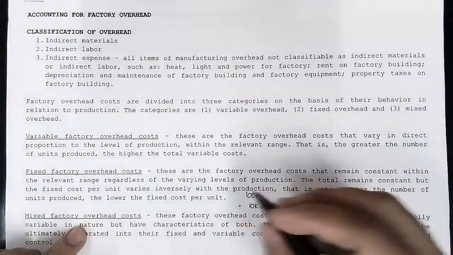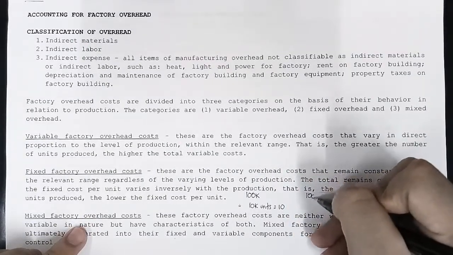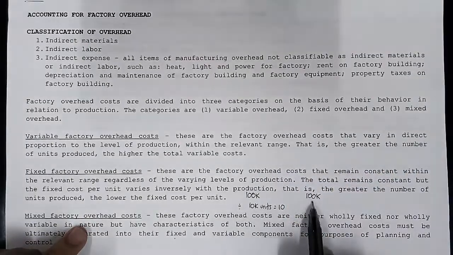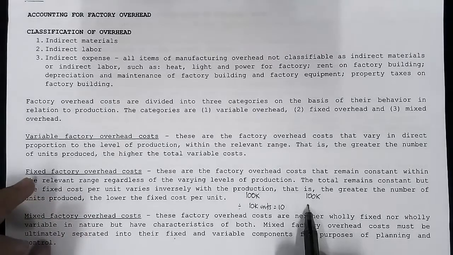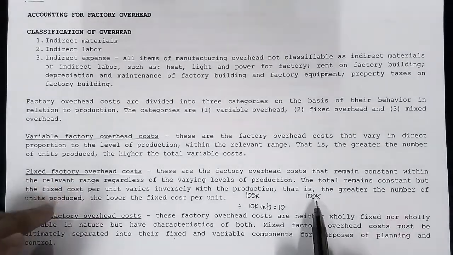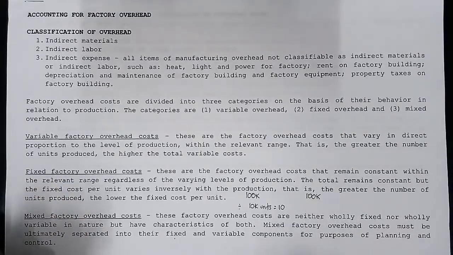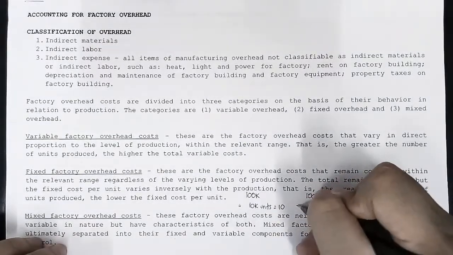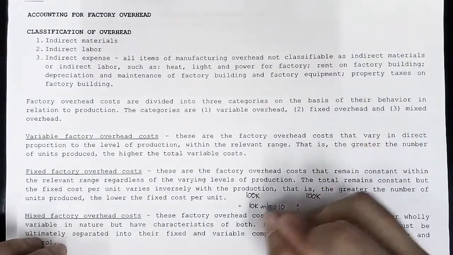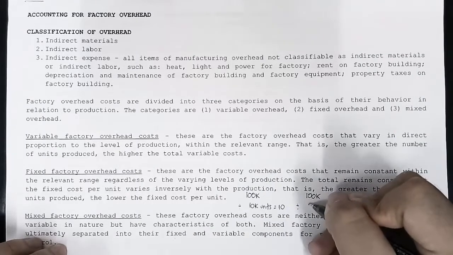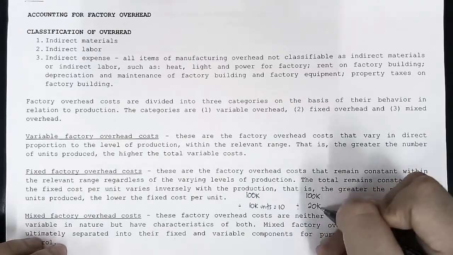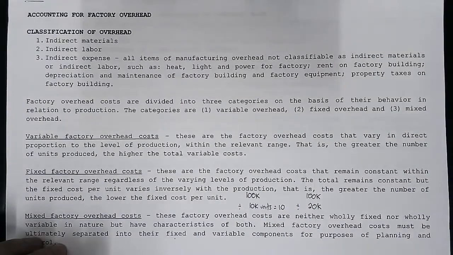So, let's say the depreciation of factory building is still 100,000. Next month, of course, it's fixed factory overhead, so it is fixed within the relevant range. But the number of units produced, let's say, increased to 20,000 units.